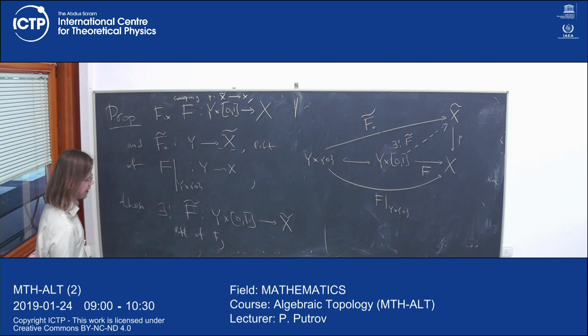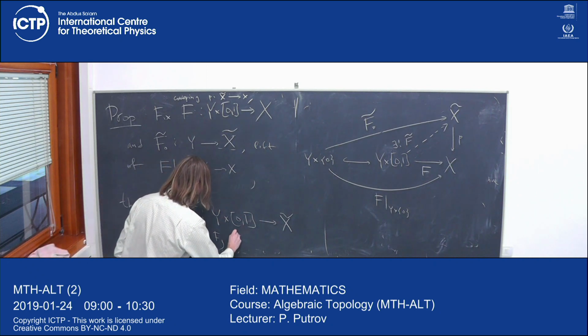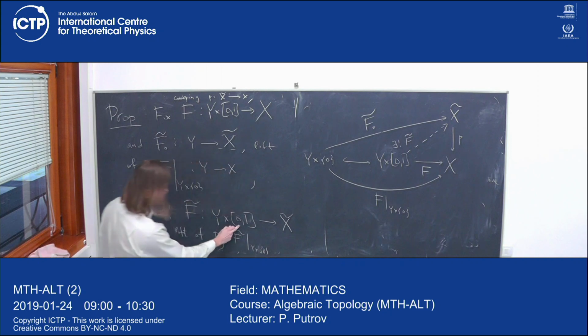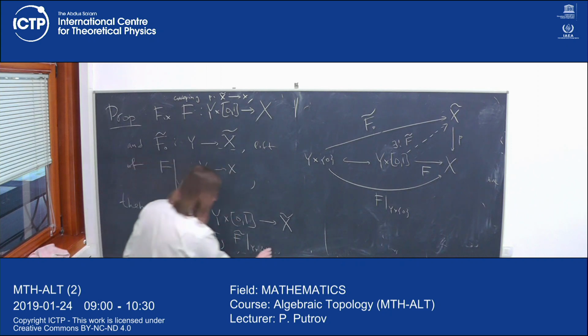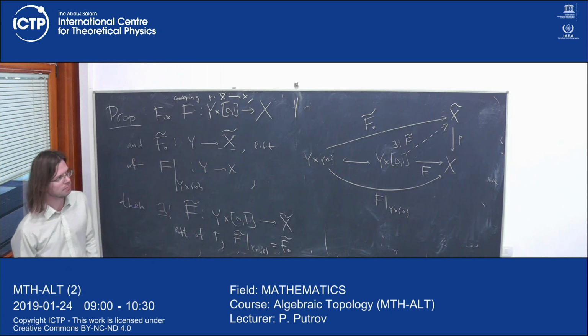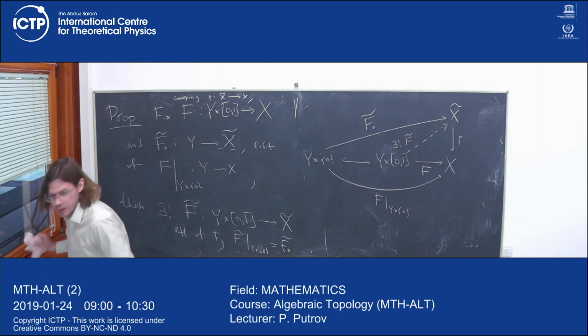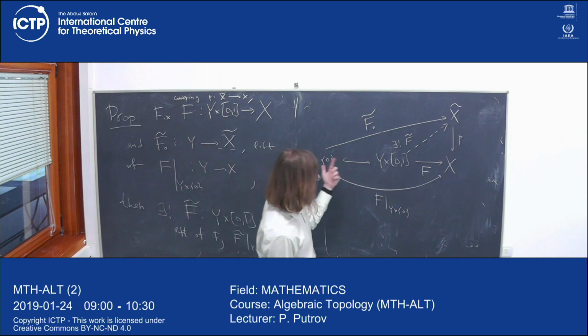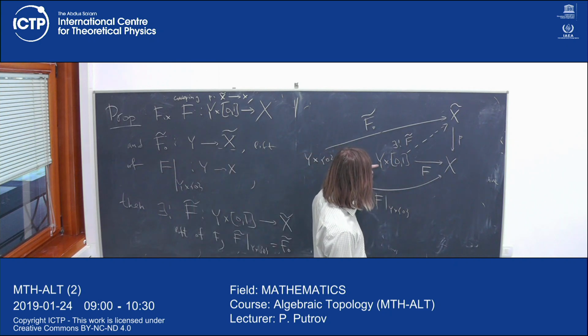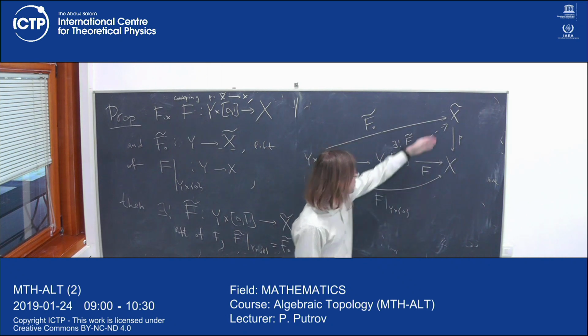So here's the additional condition on the lift: of course, if I restrict the lift to zero here, it should coincide with this fixed lift. To summarize, we study lifts of maps from Y times interval to X with respect to some covering.